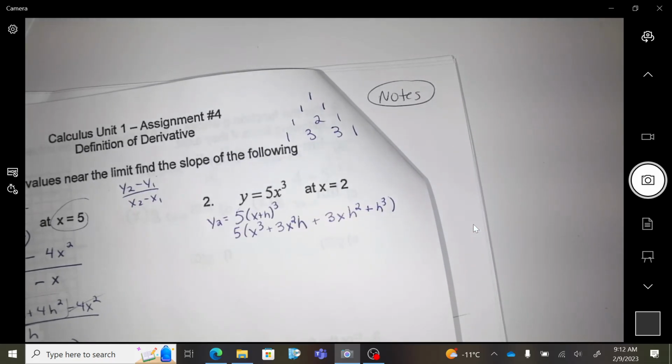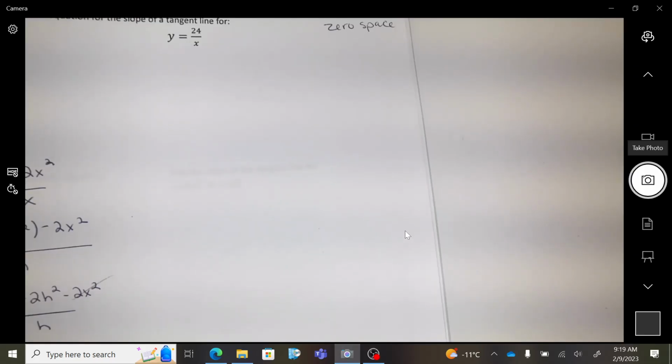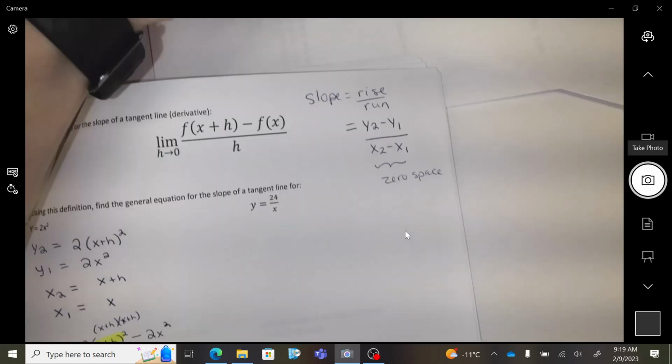So there's my hint for that one. And then I will let you finish that. So you have to do that, and then you're going to do minus the original, 5x cubed, all over. Okay? So there's my hint for foiling it out. I'll let you finish that. Answer first or after? We'll check it after. How about?